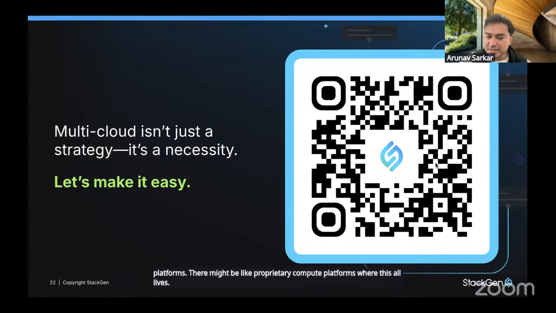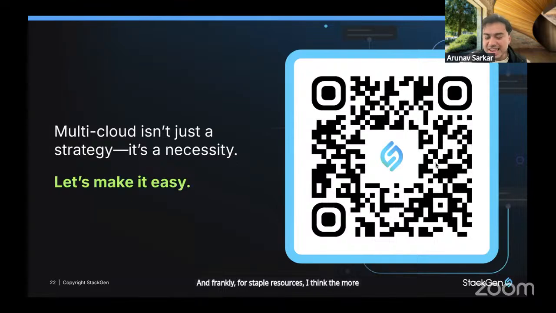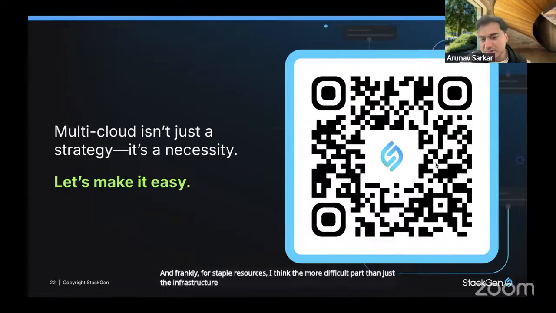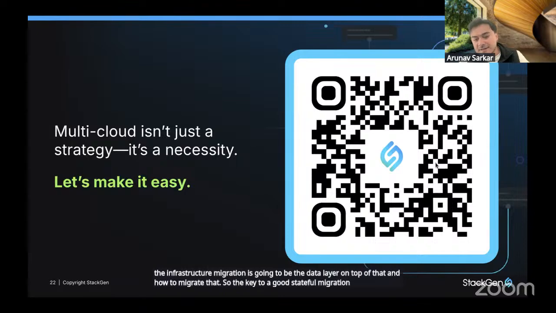And frankly, for stateful resources, I think the more difficult part than just the infrastructure migration is going to be the data layer on top of that and how to migrate that, right? So the key to a good stateful migration is going to be figuring out if you can set up a continuous replication on whatever data store that resource is reliant on.